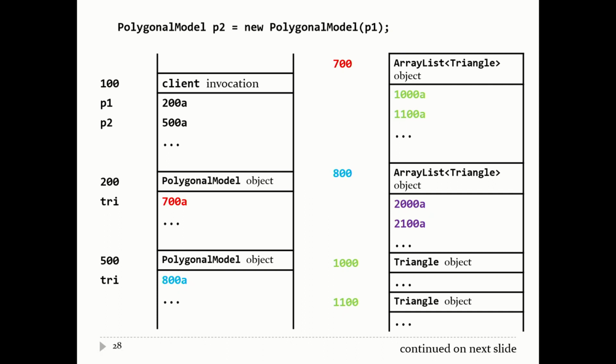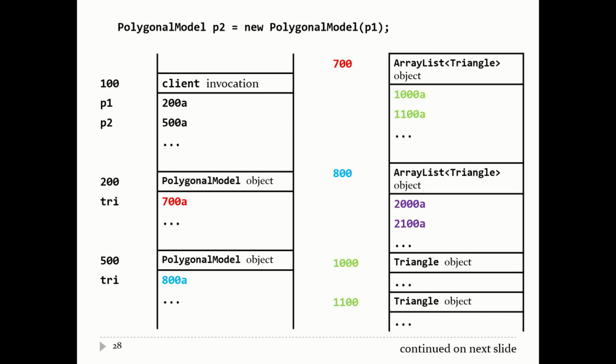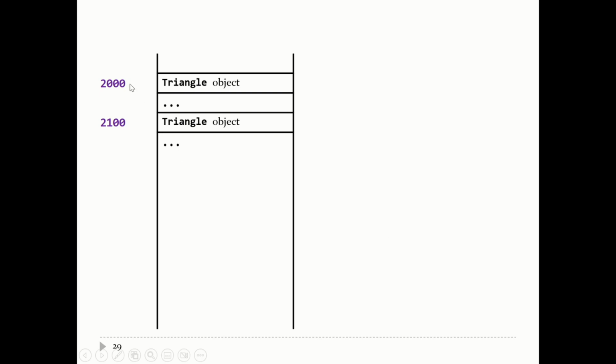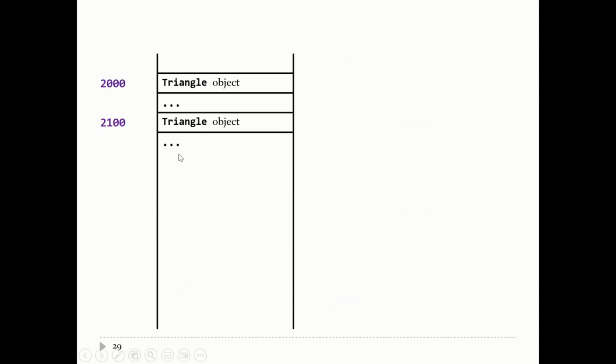Similarly, the triangle at address 1,100 is equal to the triangle at address 2,100. They're different triangles, so there are your other two triangles. They're different triangles, but they are equal. So that one is equal to that one, and that one is equal to that one right there.